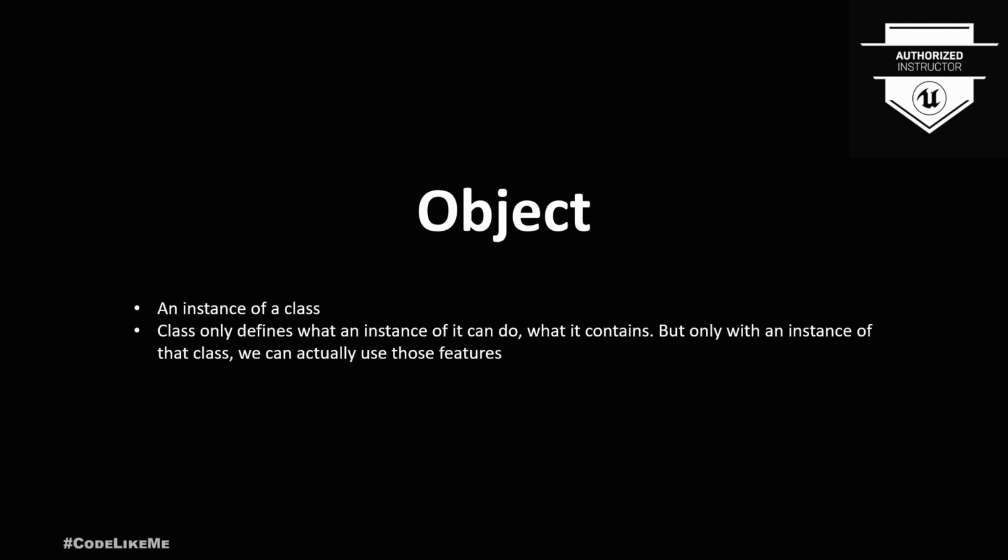A class only defines what an instance of it can do and what it contains, but to actually use that class we need to have an object of this class. So only if we have an object of that class can we use the class features.